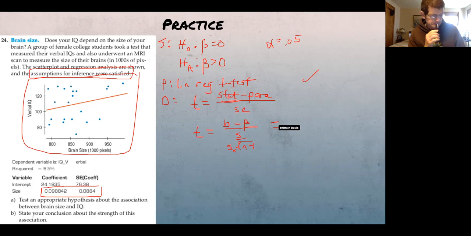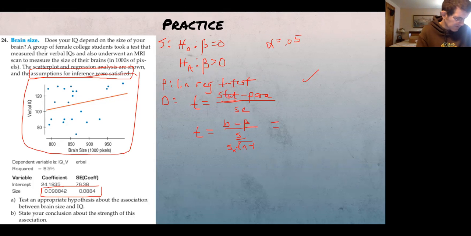All right. So for my standard error, I can't do this problem the same way I did the last one, because it does not tell me s. It does not tell me s sub x. And actually it doesn't even tell me n, but I can figure that out.